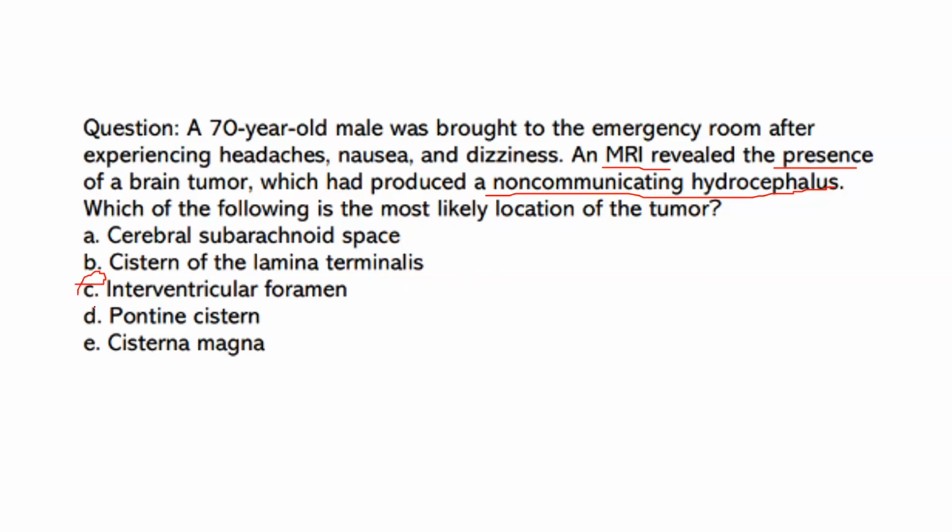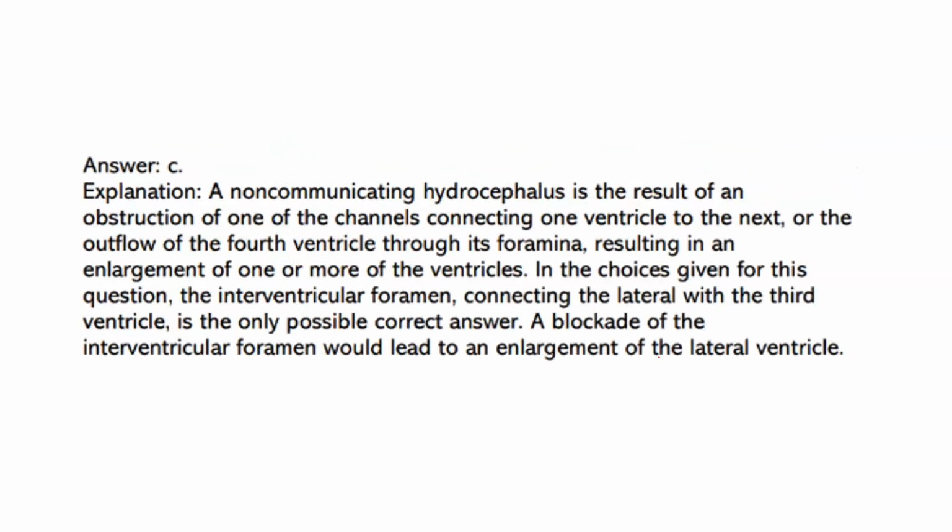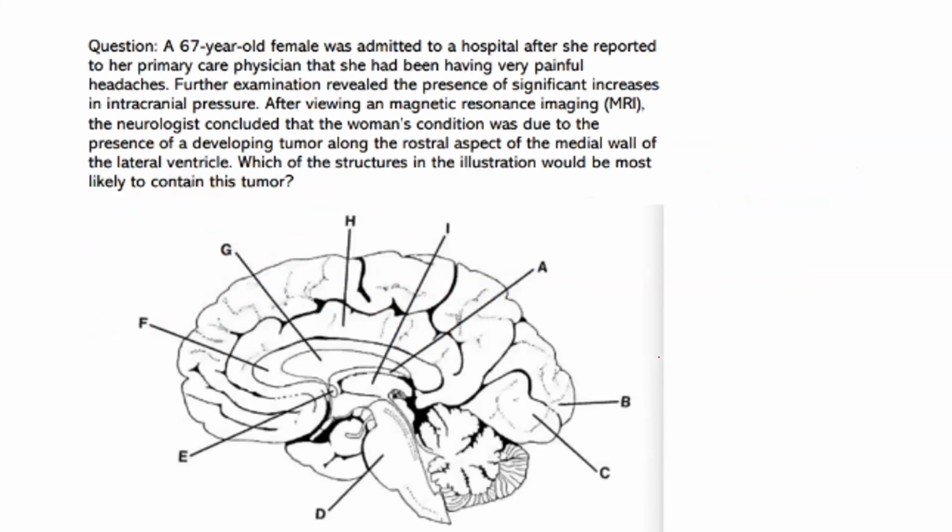So in this case, the answer is C. It's not going to be the cerebral subarachnoid space, since that's going to present with communicating hydrocephalus instead. And it's going to result in enlargement of the lateral ventricle for the previous question.